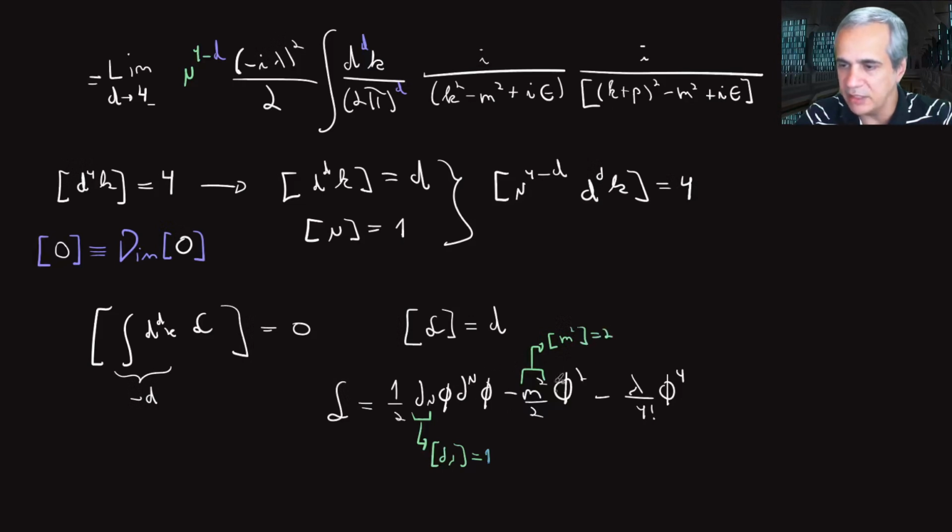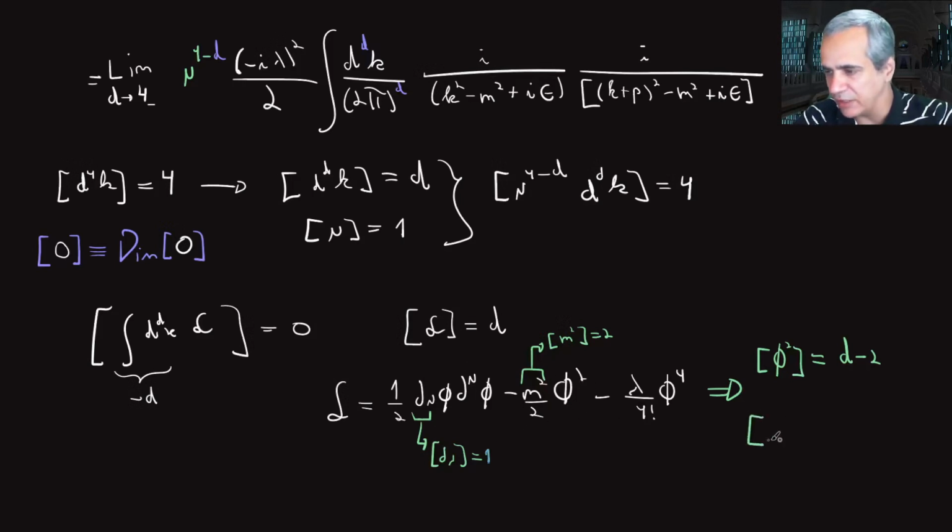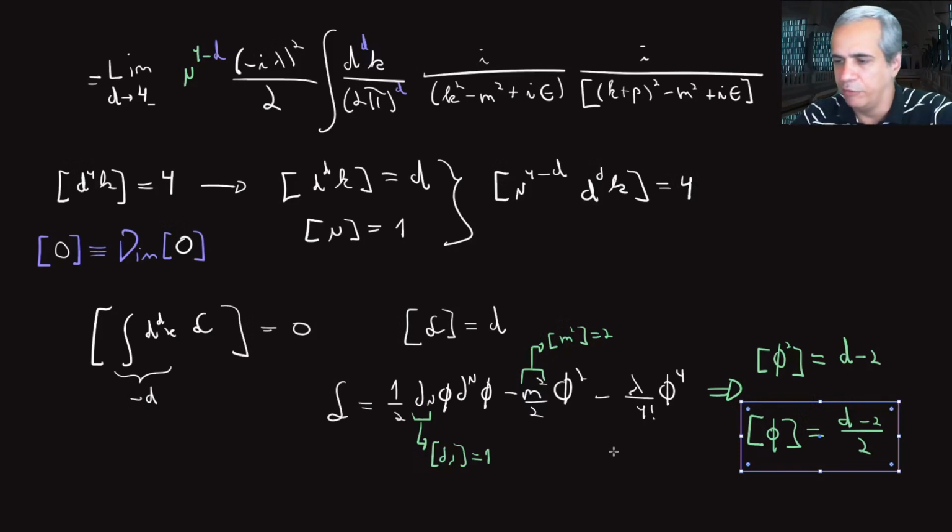And that means that the dimension of phi square needs to be d minus 2. So the total is 2, either on this term of the Lagrangian or this one. And that means that in arbitrary dimensions, the dimension of the scalar field is d minus 2 over 2, which is very important further on.